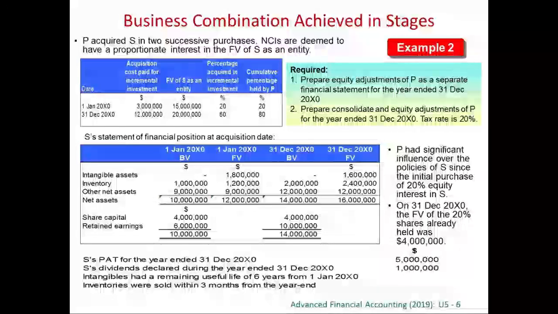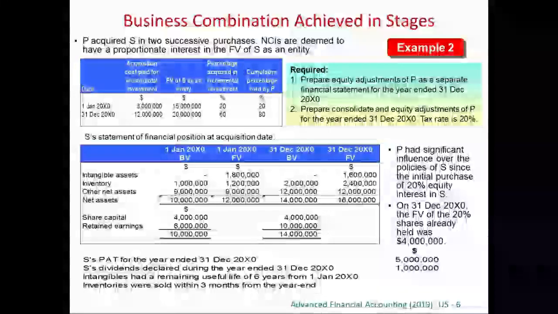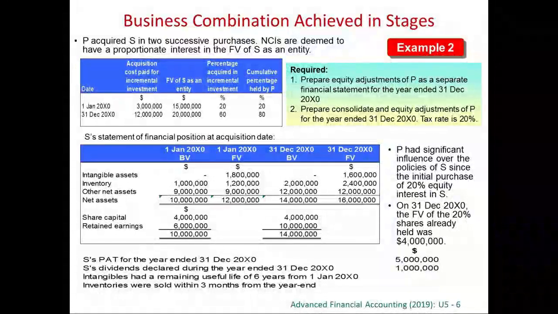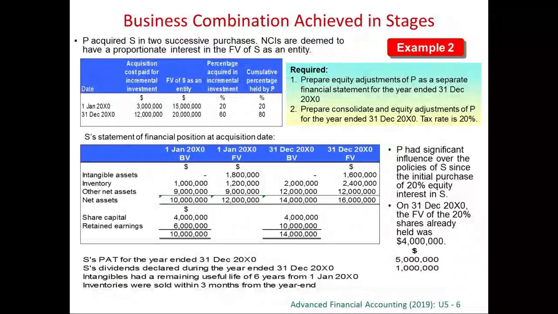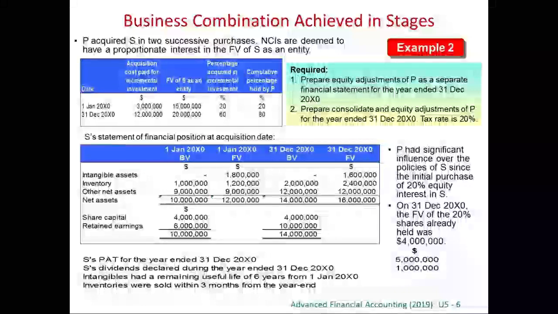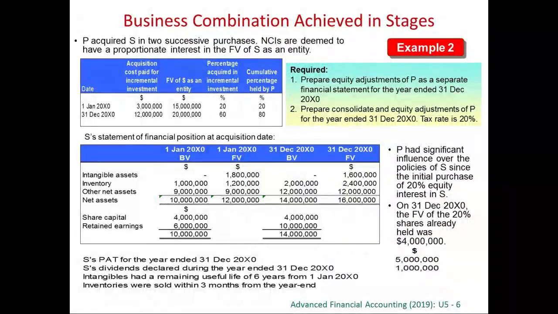And then suddenly, on the last day, 31st of December, we purchased 60% more, and therefore on 31st of December, we need to start to consolidate. So we need to calculate the goodwill on 31st of December, and we need to consolidate on the last day, 31st of December.